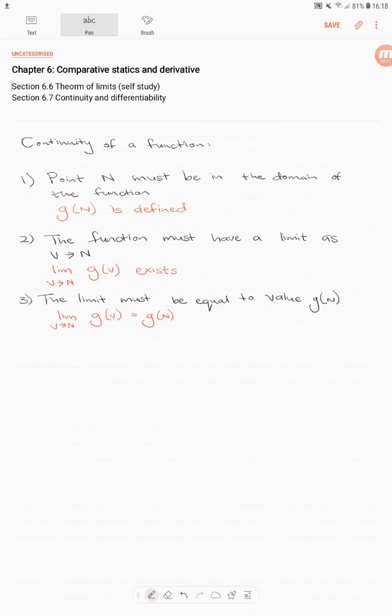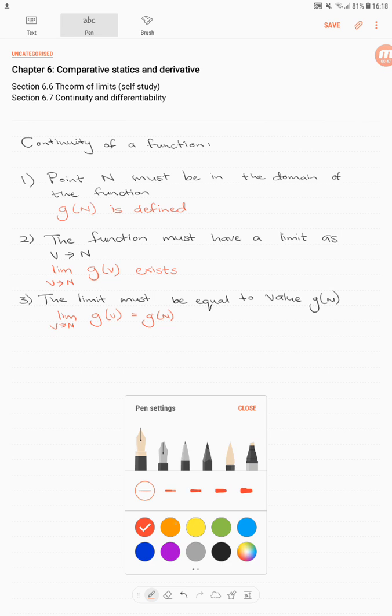For a function to be continuous, we must test three elements. First, the point n must be in the domain of the function. That means g of n must be defined. Second, the function must have a limit as v approaches n, or the limit as v approaches n of the function g(v) exists.